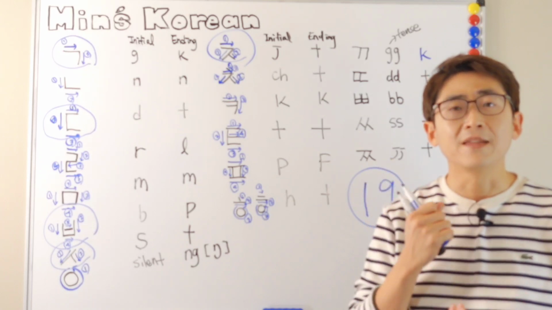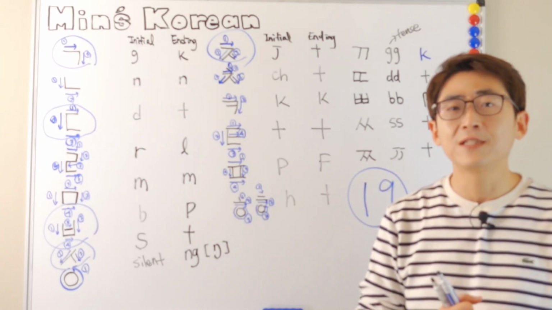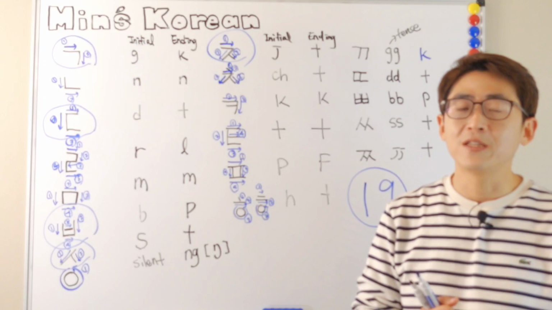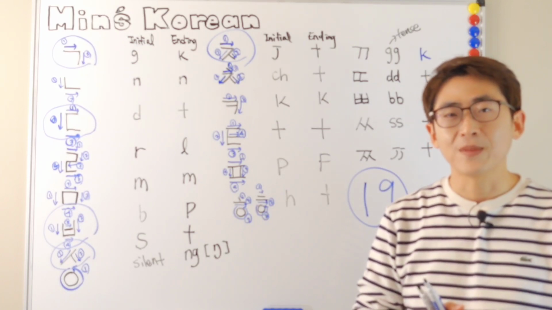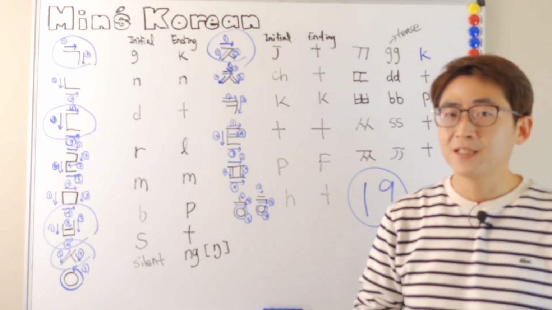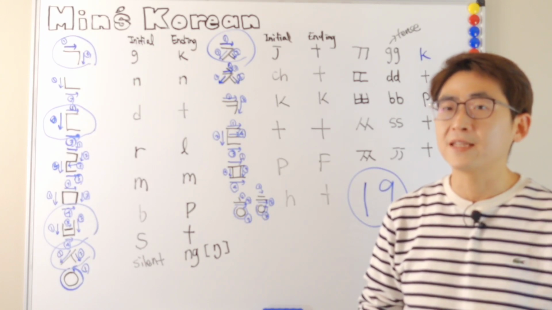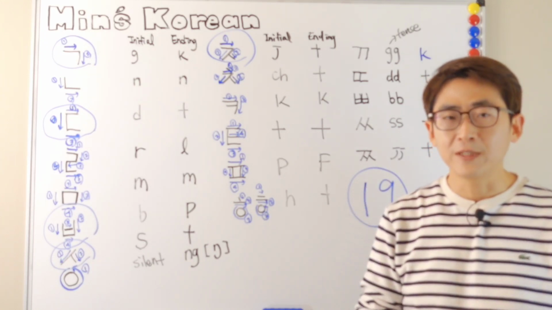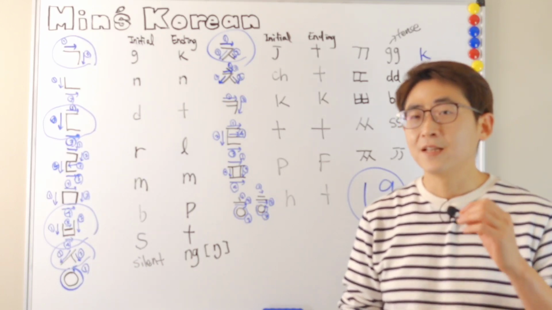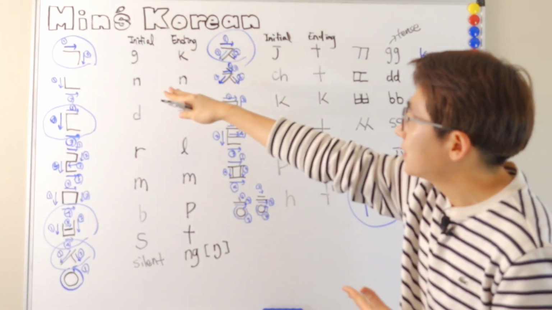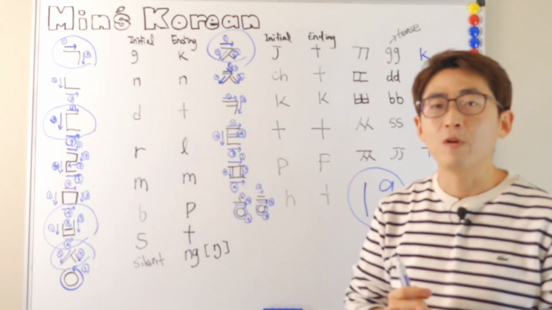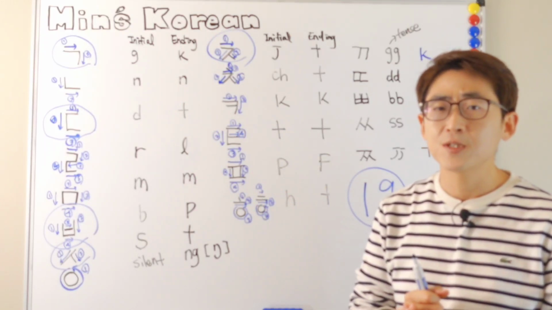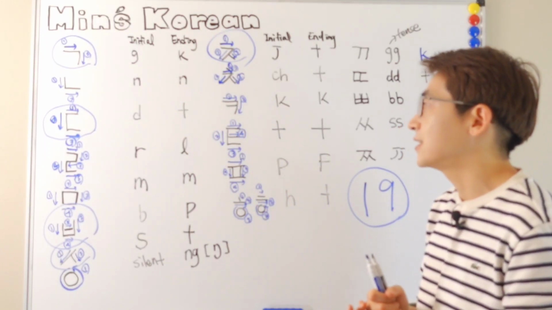And in my next class, we will learn how to combine consonants with vowel symbols together. There's a specific rule to it. You cannot just go ahead and combine everything. There's a strict rule to it. By adding this one with vowels, we make Korean symbols. So this one is super important.